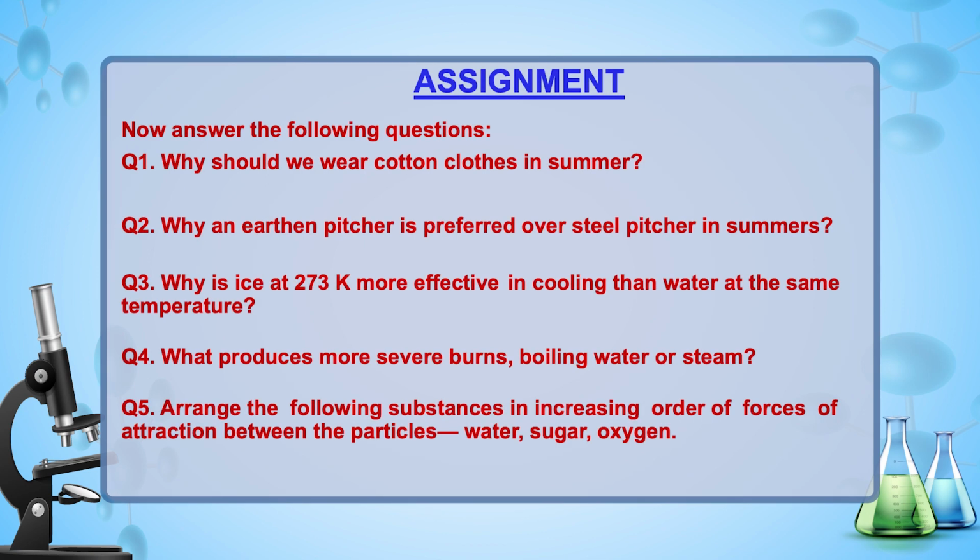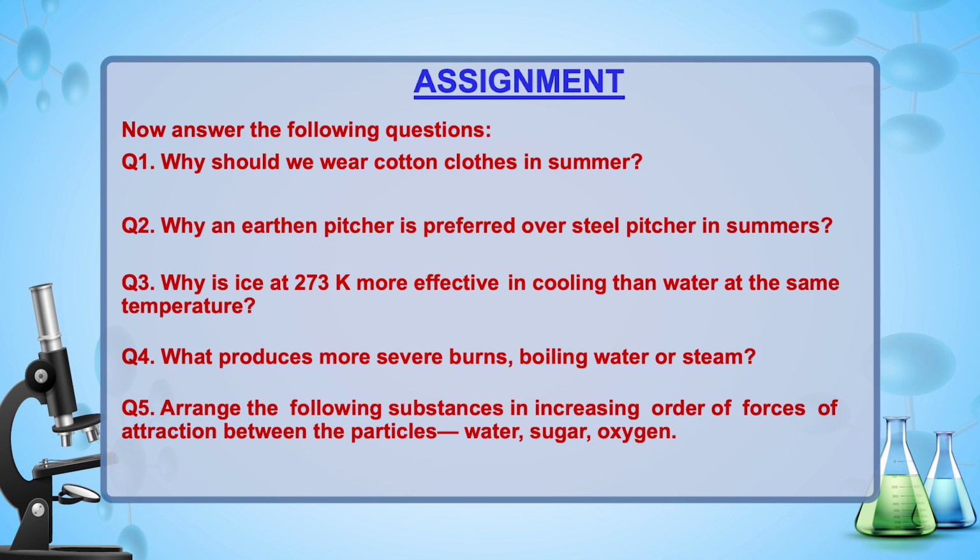Now, answer the following questions. Question number 1. Why should we wear cotton clothes in summer? Question number 2. Why is an earthen pitcher preferred over a steel pitcher in summers? Question number 3. Why is ice at 273 Kelvin more effective in cooling than water at the same temperature?